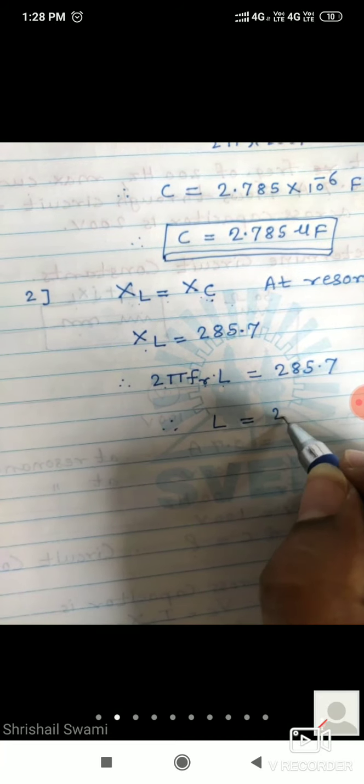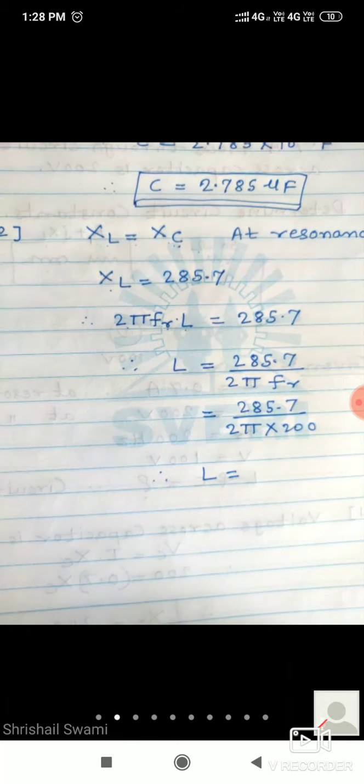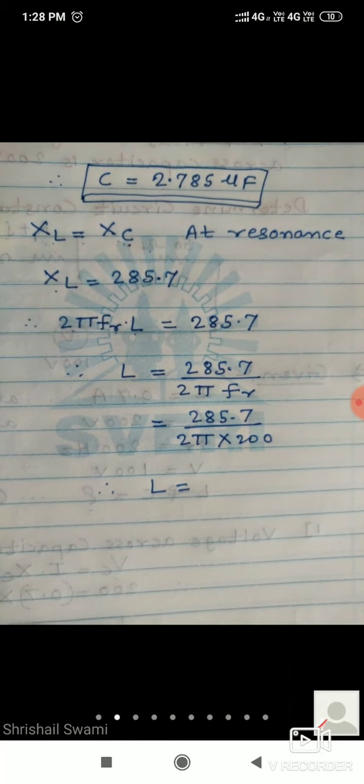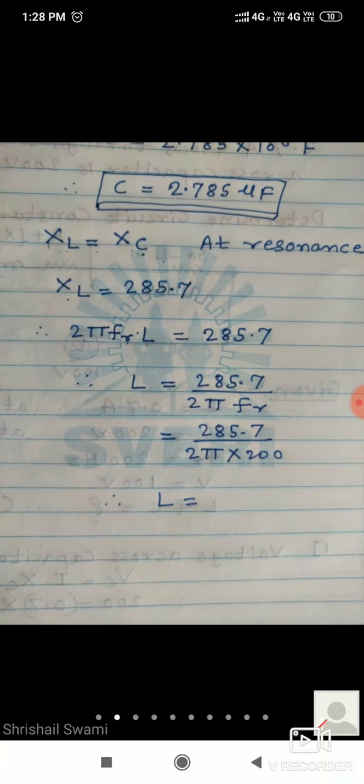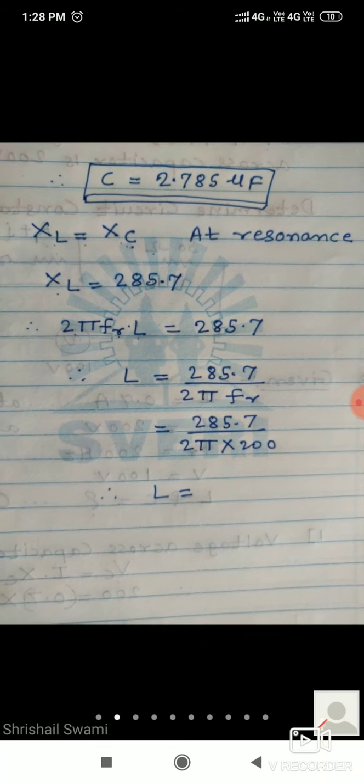So find out the value of L now. L is equal to 285.7 divided by 2 pi FR, that is 285.7 divided by 2 pi into 200. Or you can use the formula of resonant frequency. Both are acceptable.